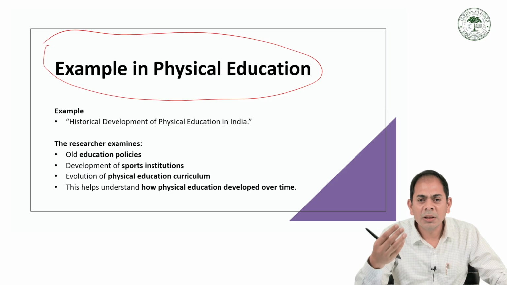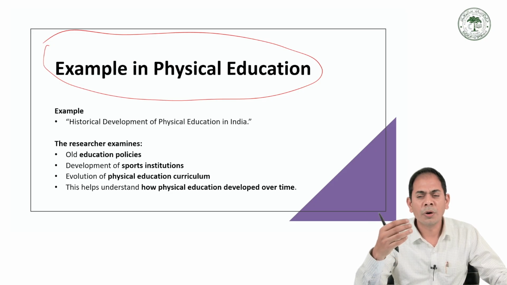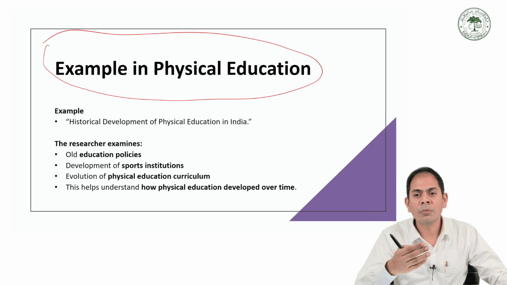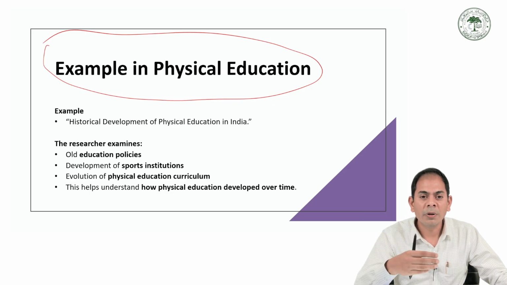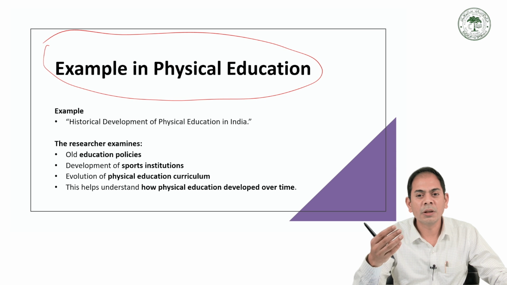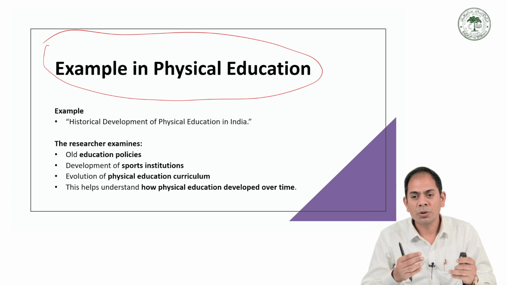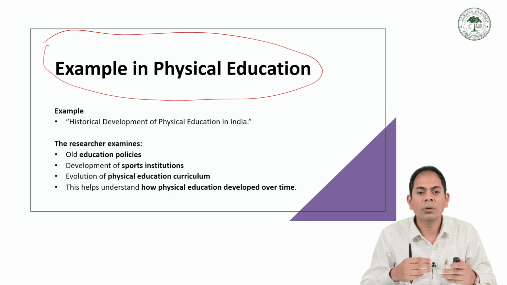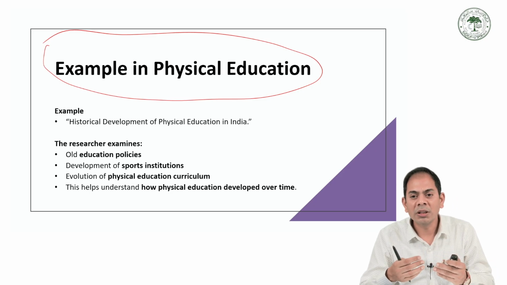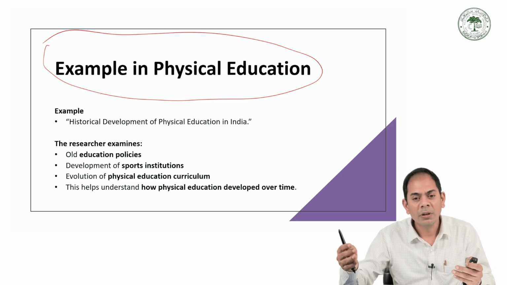Here, the researcher studies all the historical records and documents related to physical education in India. The researcher examines old education policies to understand the government's efforts in promoting physical education in the past. The development of sports institutions is also studied, to know how sports organizations and training centers were established over time.